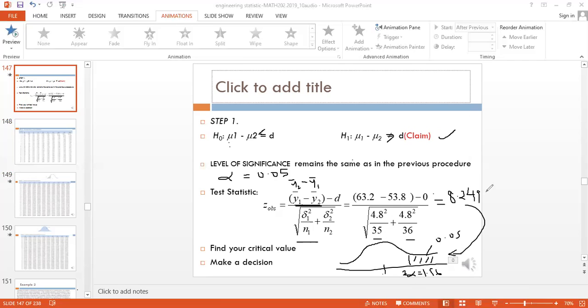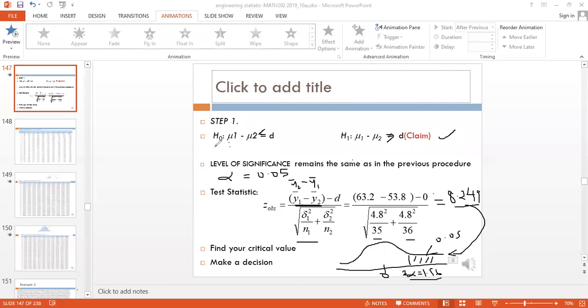So we'll realize that our calculated Z-score value is on the extreme right of your critical value, which means it lies in the rejection region. So once this lies in the rejection region, we have evidence to reject the null claim.